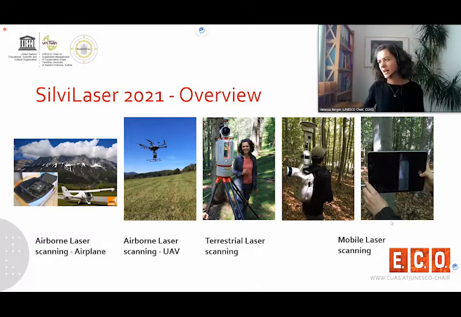With iPhones and iPads, you can also try out laser scanning on mobile devices. This is, I think, the cheapest version, because for all the others, we have more than 10,000, up to more than 100,000.